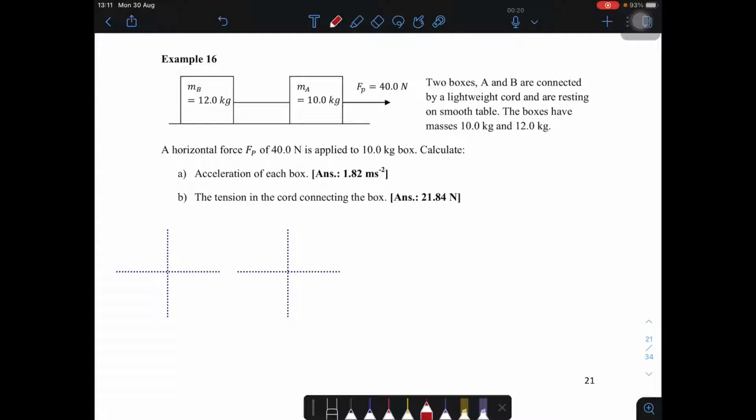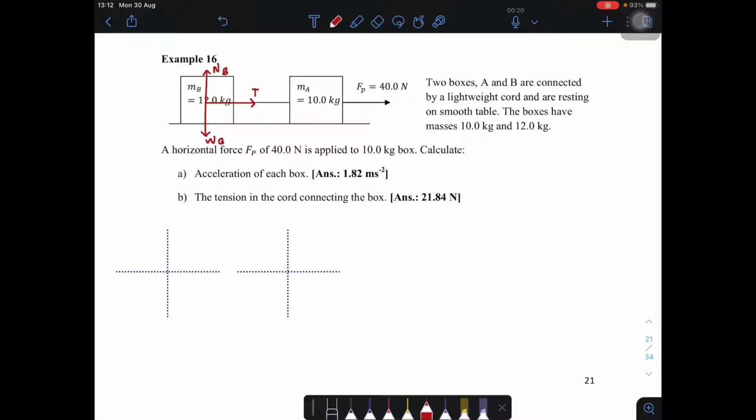Now let's identify the forces, like usual. We have weight force going downward, and then normal force going upward. And then since we have the cord here, you need to apply the tension force. Tension force must be away from the box.